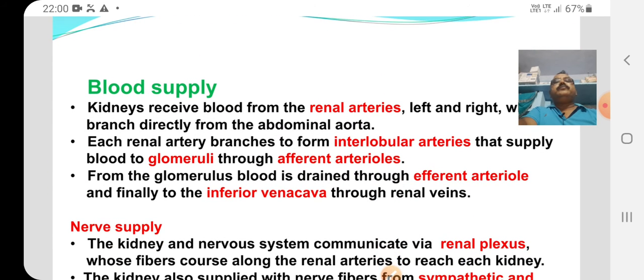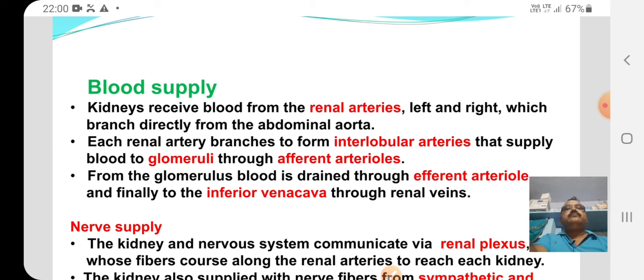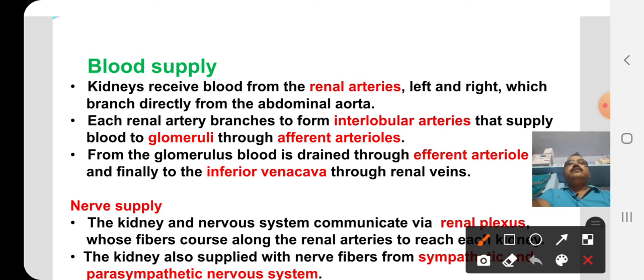Let us discuss about the blood supply into the kidney. Kidney receives blood from the renal arteries, left and right, which branch directly from the abdominal aorta. Each renal artery branches to form intralobular arteries that supply blood to glomeruli and afferent arterioles.